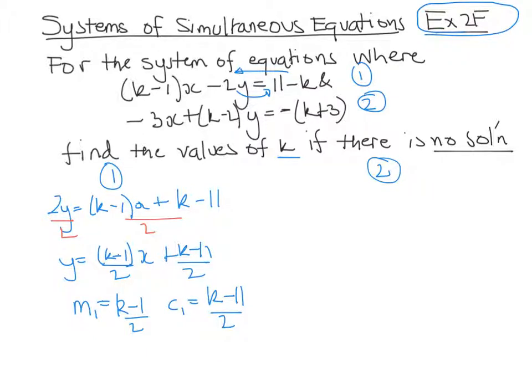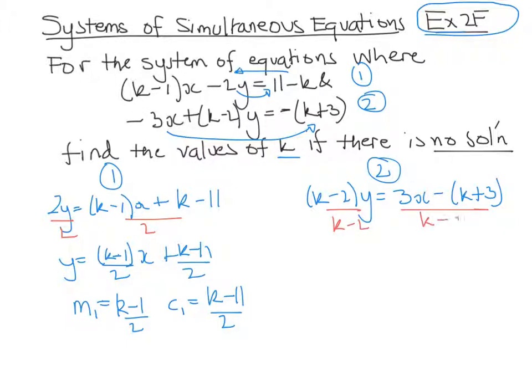Now for equation number 2, I'll take this 3 minus x across to the other side. That way I'll end up with k minus 2 y is equal to 3x minus k plus 3. Then I'll divide on both sides by k minus 2.